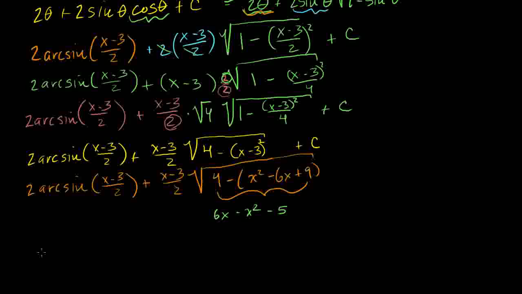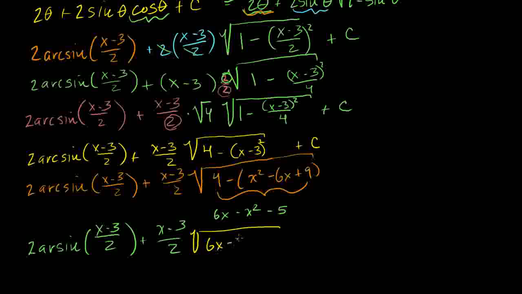So finally, we're at the very end. We get the antiderivative is 2 arcsine of (x minus 3) over 2 plus (x minus 3) over 2 times the radical of 6x minus x squared minus 5.